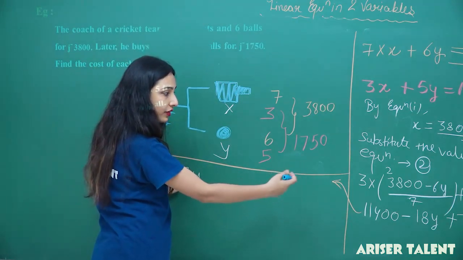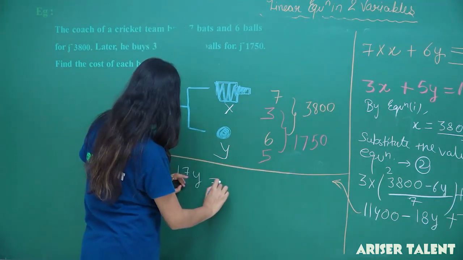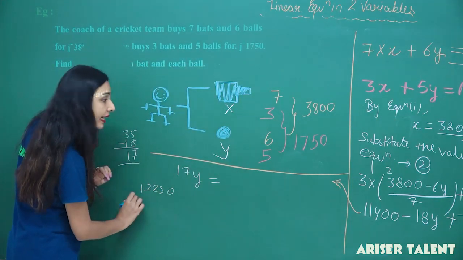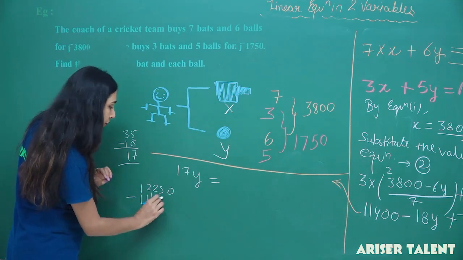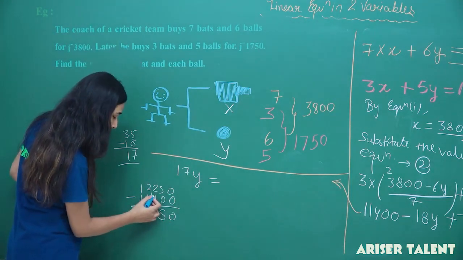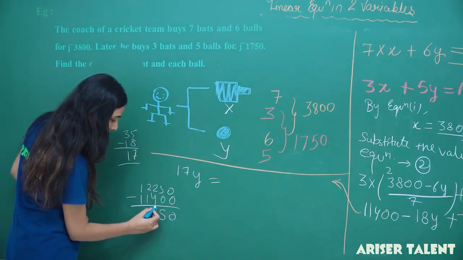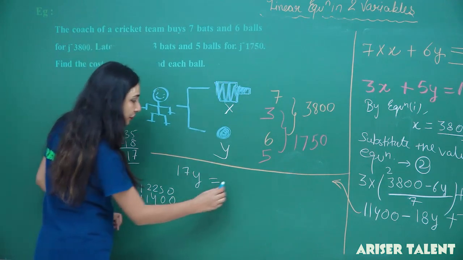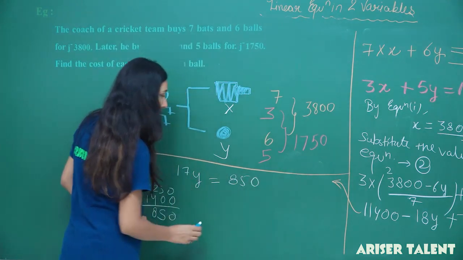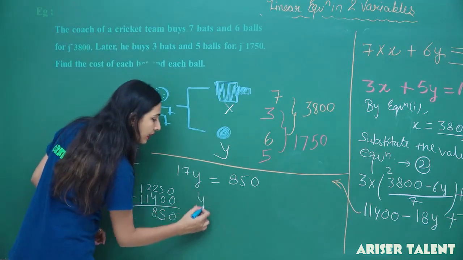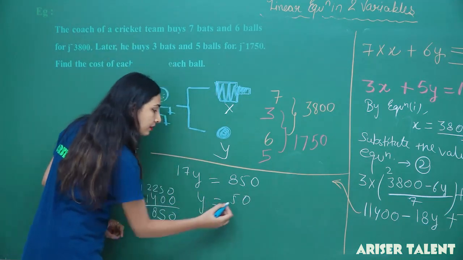Y. Then this will transpose there. So that will be 12,250 minus 11,400, that will give you 850. Now that will be cut by 5, so y equals 50.